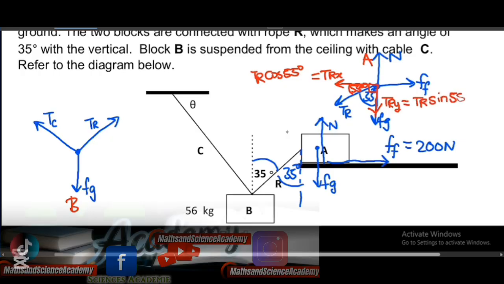And then we are also given that F, the frictional force, is equal to 200 Newton. And in this question we are required to calculate TRX. Remember this system is stationary.